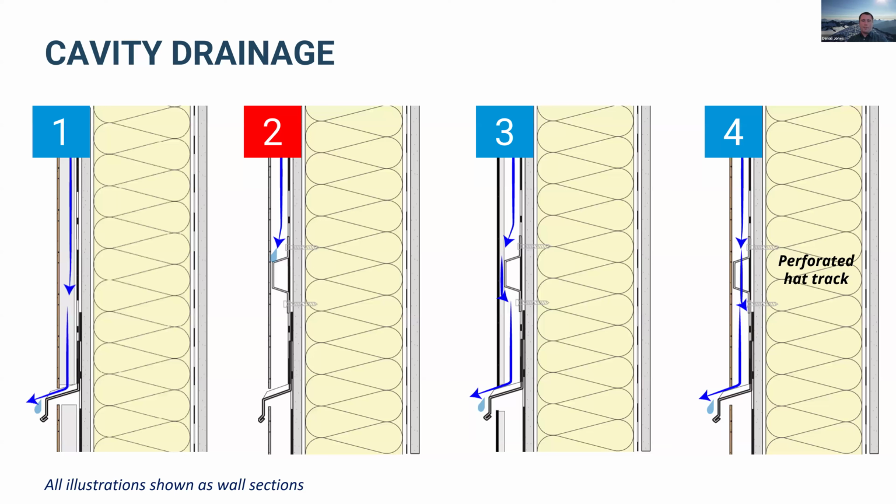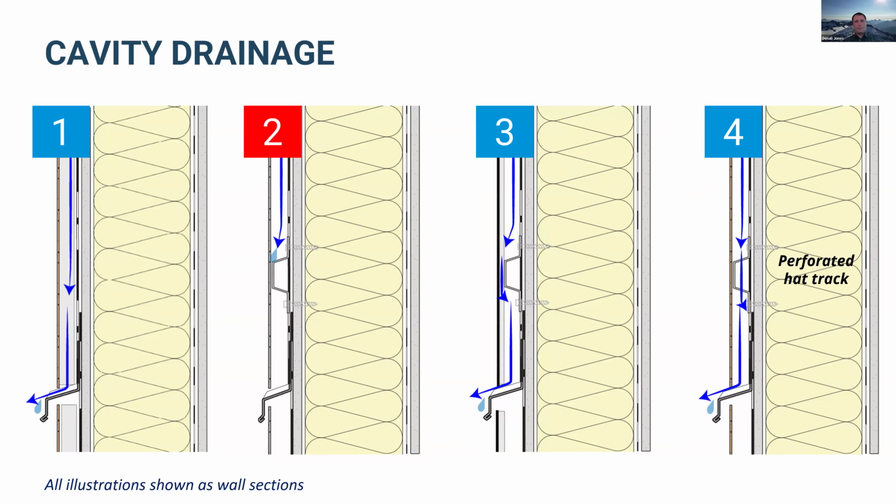So this number two here, I show as actually not a Rainscreen because this horizontal hat channel is going to stop water from draining through that cavity because we have that flat profile cladding. So number three uses that same hat channel, but we've got a profiled cladding that can allow water and airflow to drain and ventilate around it.